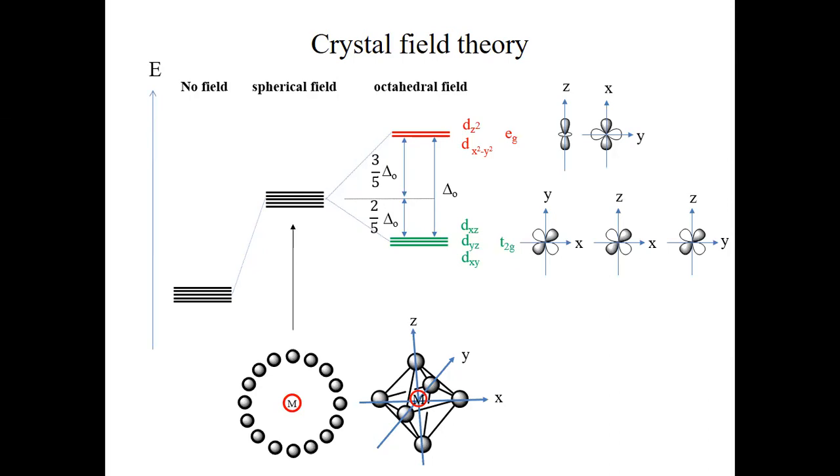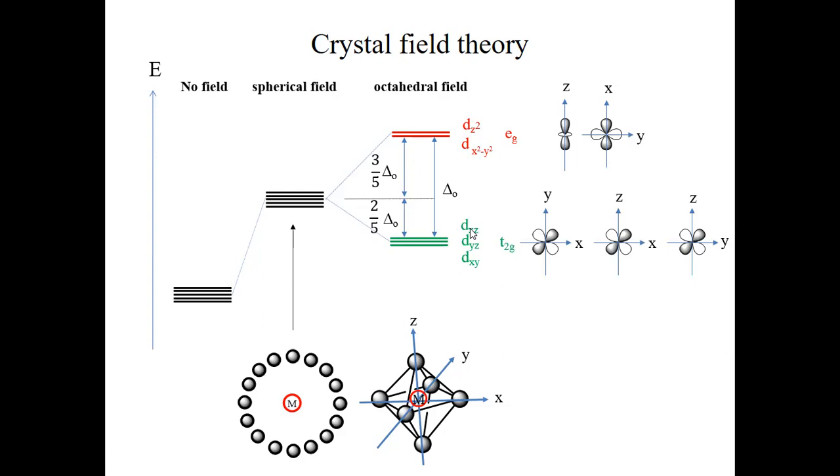But the electrons are not equally repelled. Because of geometric arguments, the electrons in the dx square minus y square orbital and the dz square orbital are repelled more in comparison to the electrons in the dxy, the dyz, and the dxz.